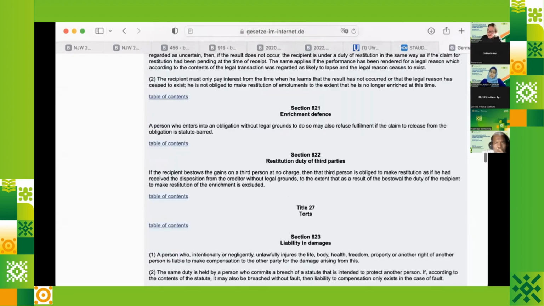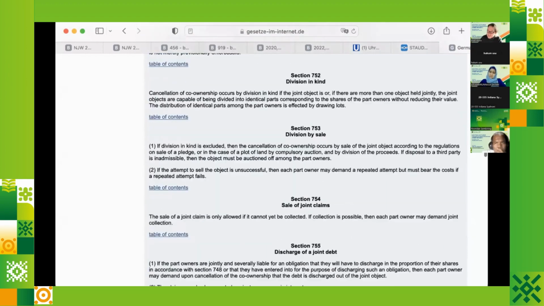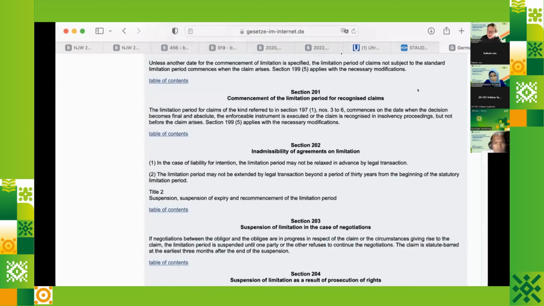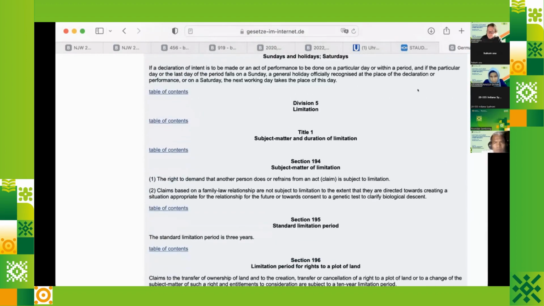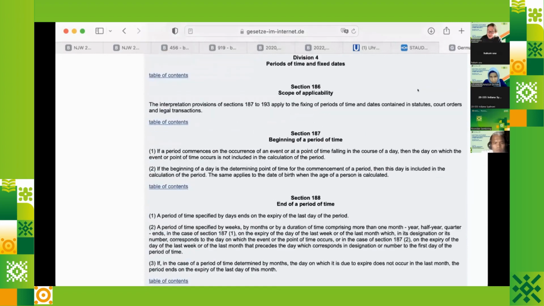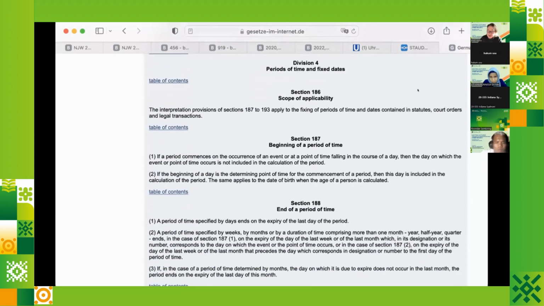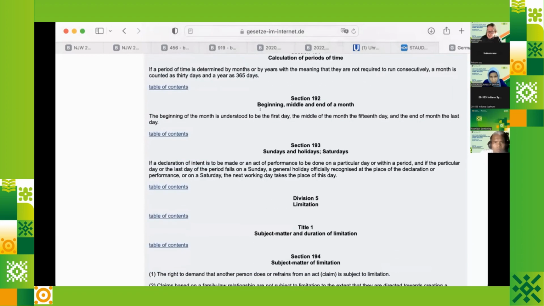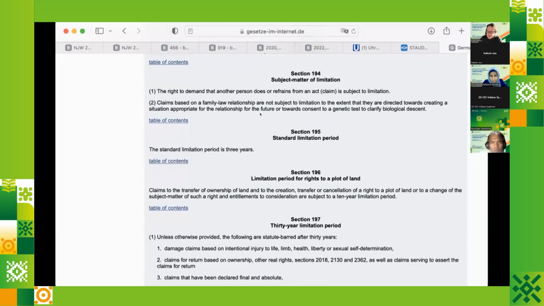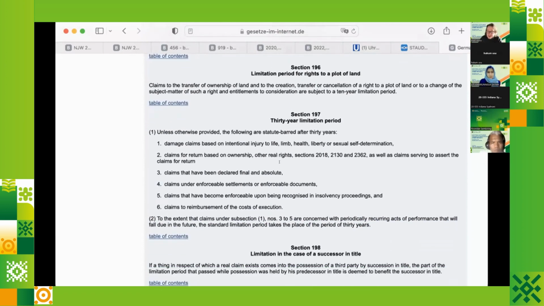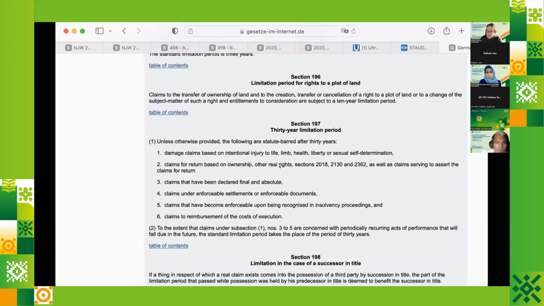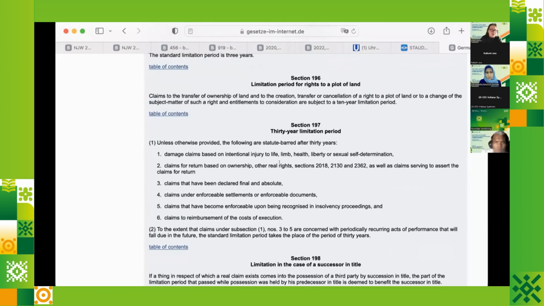And the limitation period is regulated in the general part of the BGB, and we have here the special time when it starts, and limitation. Then we have the 3 years as the regular time, section 196.